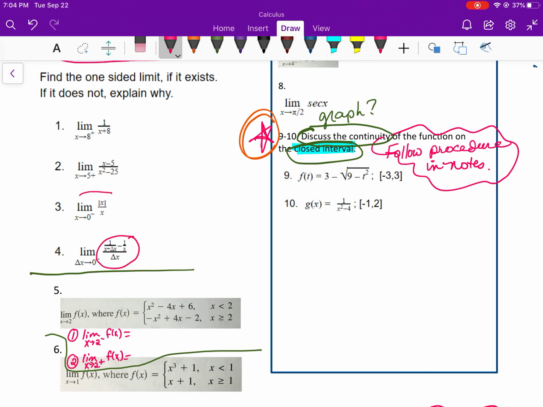On number 3, you guys had that graphing assignment that is in your notebook. So I want you to look at that graphing question that you answered. You already made a graph of the absolute value of x over x. I want you to read that graph, and I want you to find your one-sided limit.